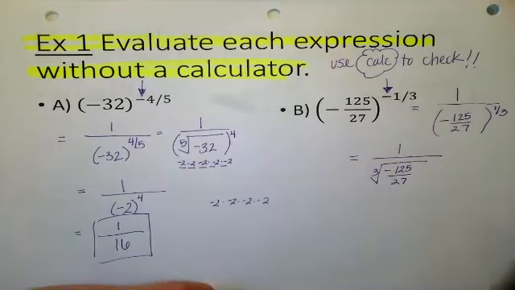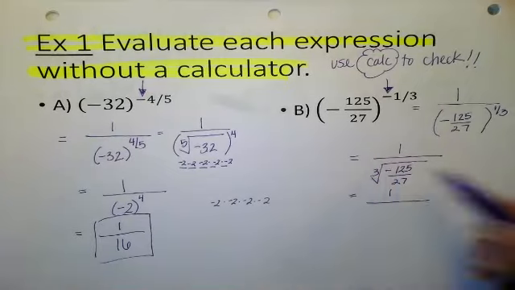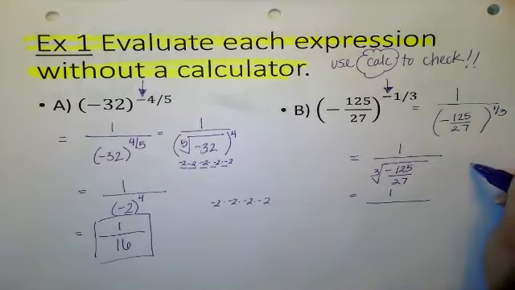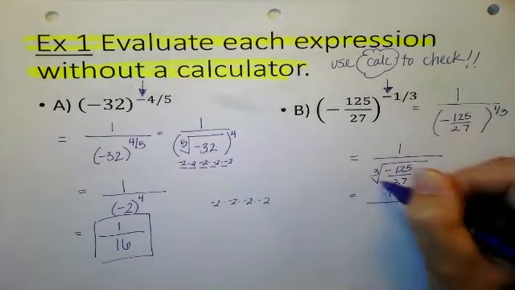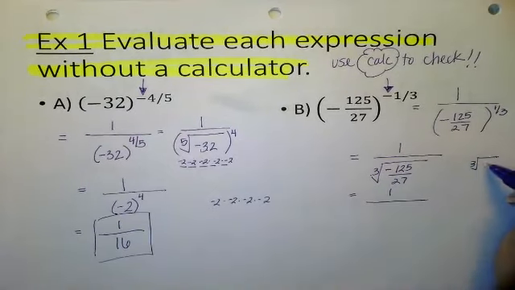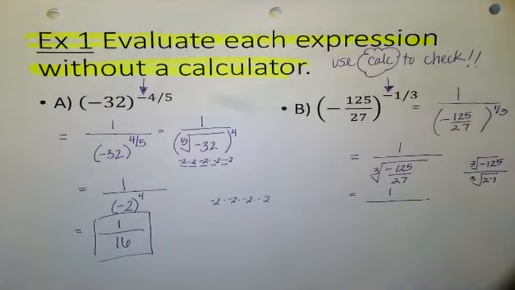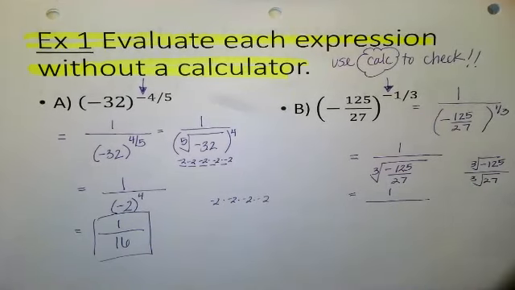Top or bottom doesn't really matter, just not both. And then I can think about, well, what is the cube root of negative 125? And if you will, the radical property, if you have a giant radical like this, it really is just the cube root of the top over the cube root of the bottom. So just in case you were curious, that is the property.